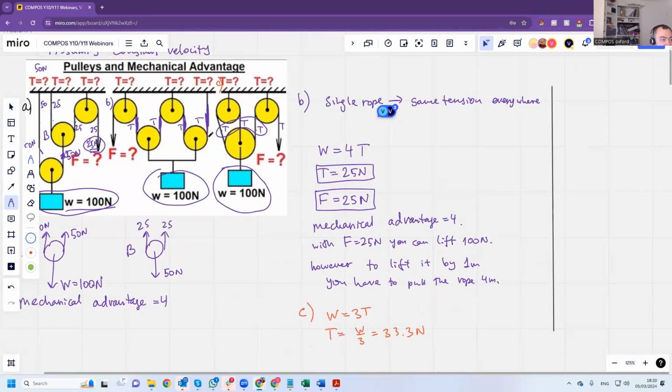Okay, so the tension is 33.3 newtons, and the force is of course equal to tension as well. So the force is equal to 33.3 newtons. Mechanical advantage is 3.